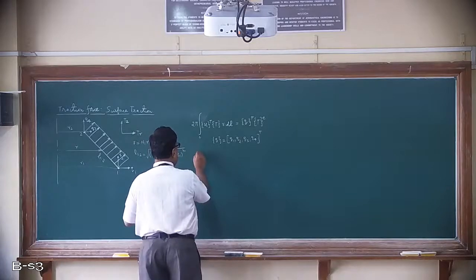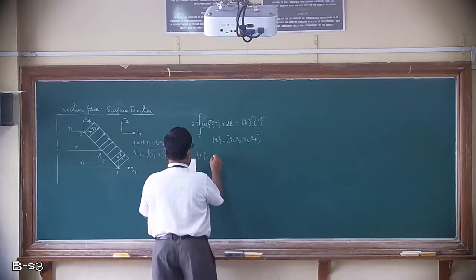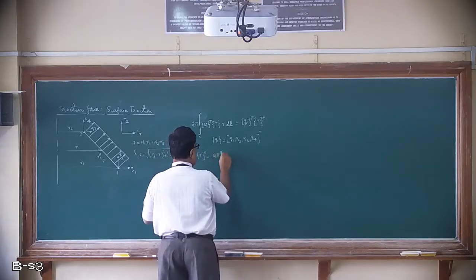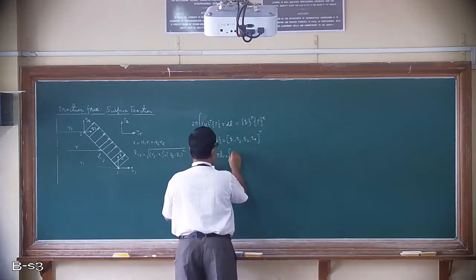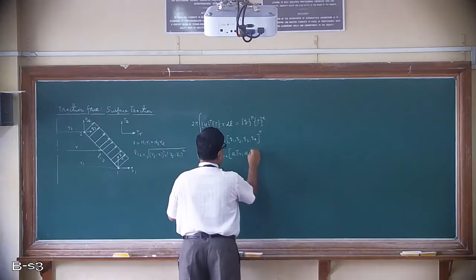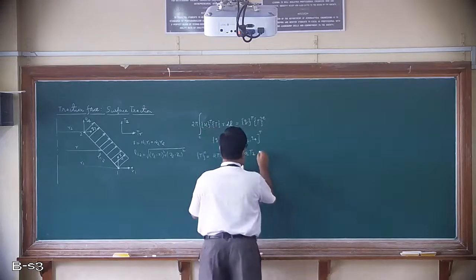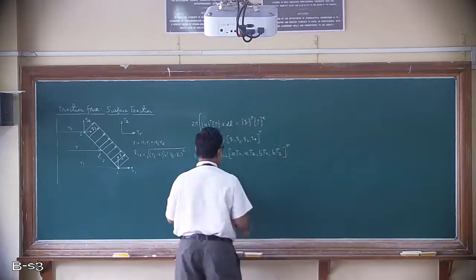Whereas this T vector is obtained by 2 pi L12 into the bracket ATR, ATZ, BTR, BTZ. This is the transpose. What are this A and B?